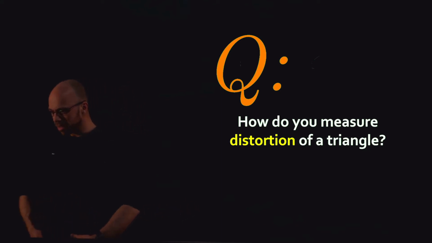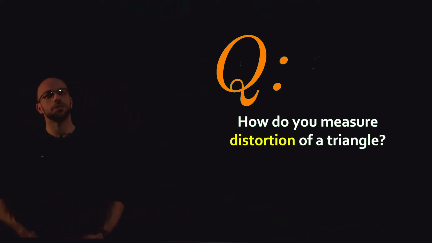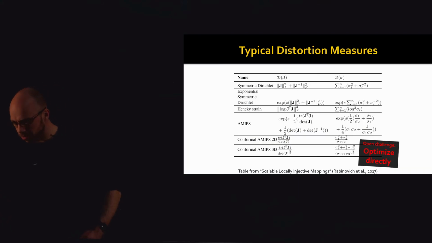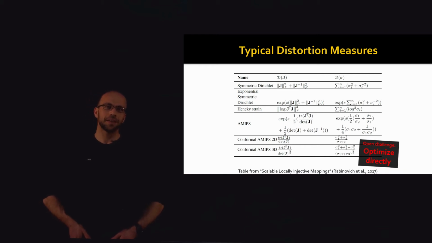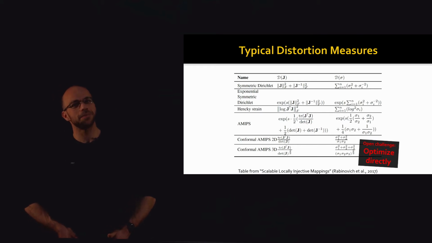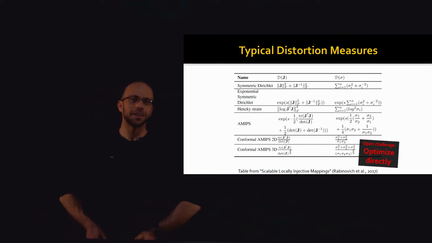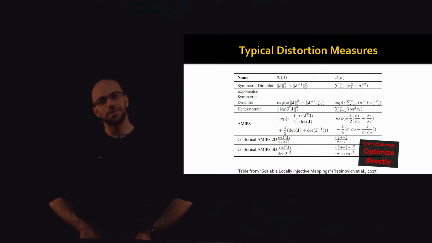One of the amazing things is just the huge number of different distortion measures that are out there that can measure the quality of your surface parameterization in different ways. So here's a nice table from that scalable locally injective mappings paper I mentioned before. And this is just a selection of the many distortion measures that have appeared in the literature that are reduced by different algorithms, right?